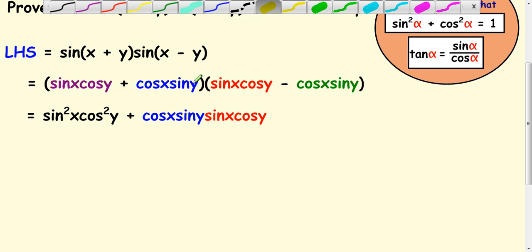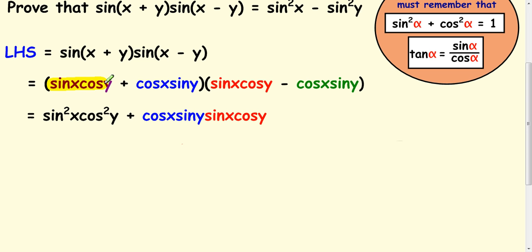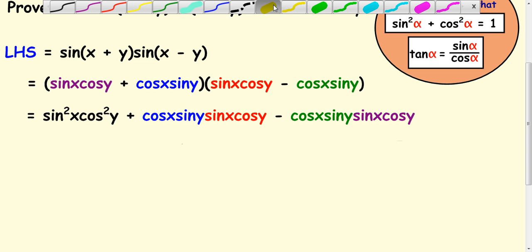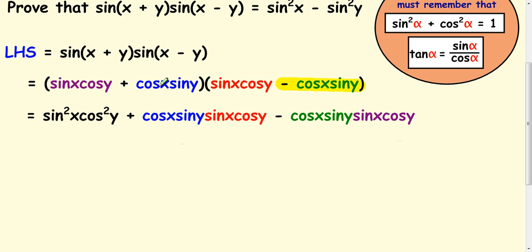Then you want to multiply this by this. Just like multiplying out normally, double brackets, and that's going to give you that. You can see I've just used the purple and the green in the takeaway. And then you want to multiply the green and the blue together. So this here by this here.